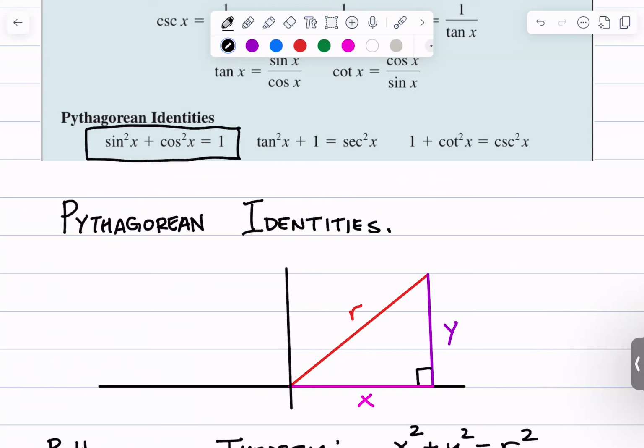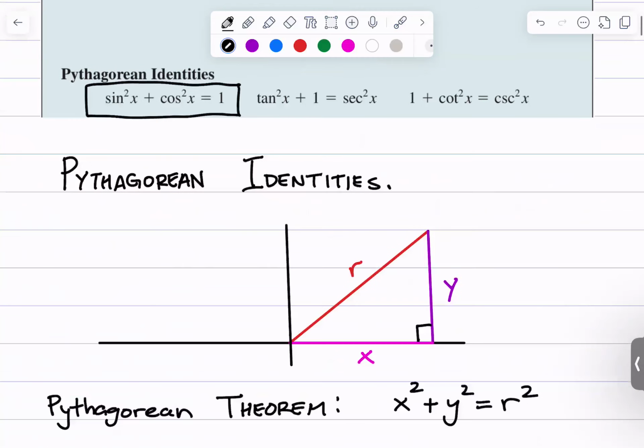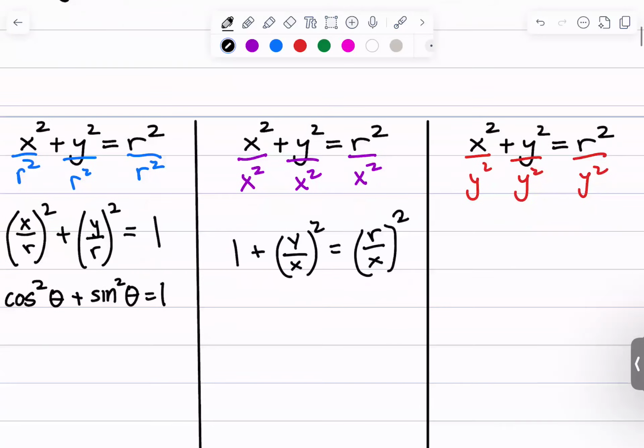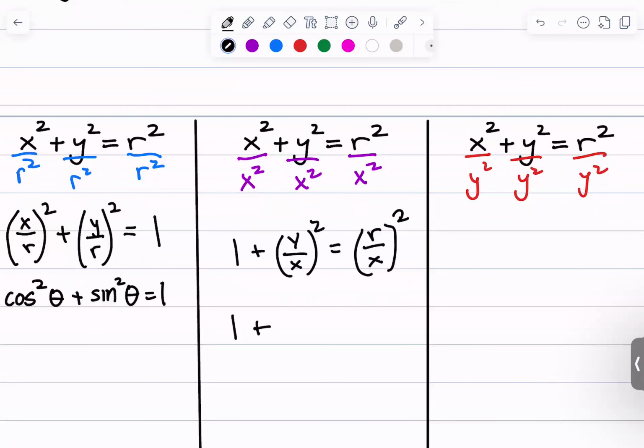Okay. This next one, if I divide all three by x squared, x squared divided by x squared is 1, plus y over x quantity squared equals r over x quantity squared. Right? So this is 1 plus y over x squared. What is y over x?